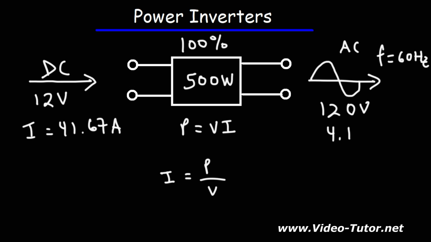So that's going to be 4.167 amps. So this inverter not only converted DC current to AC current, but it also increased the voltage by a factor of 10, from 12 volts to 120 volts.